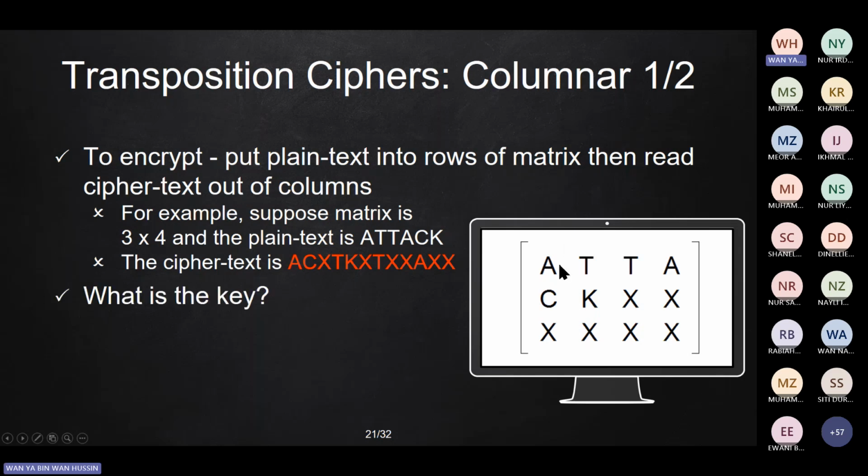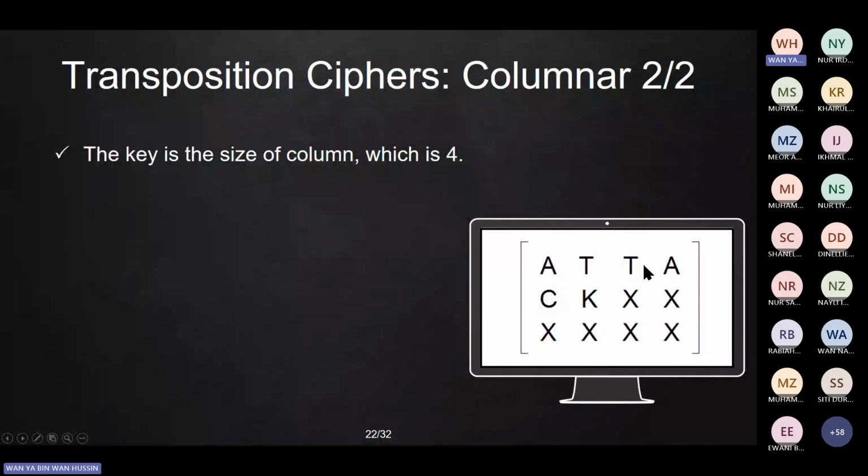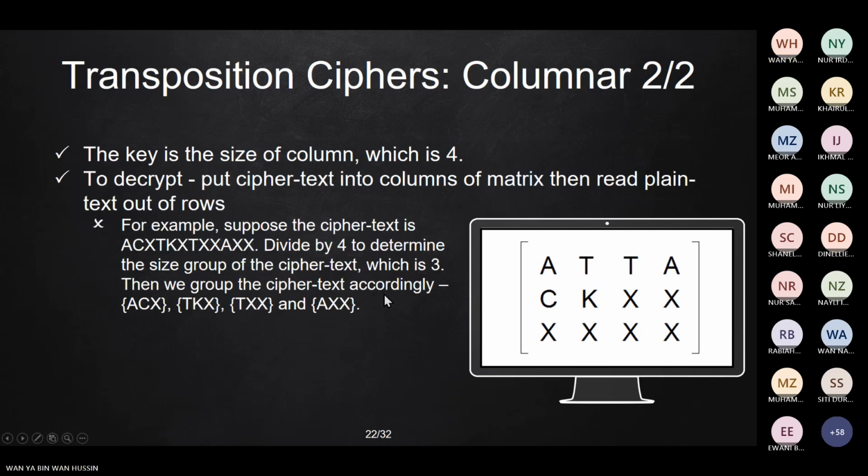So what is the key? The key is actually the size of the column, the number of the columns: 0, 1, 2, 3. Remember, start counting from 0. 0, 1, 2, 3, 4. That is how you do your encryption.